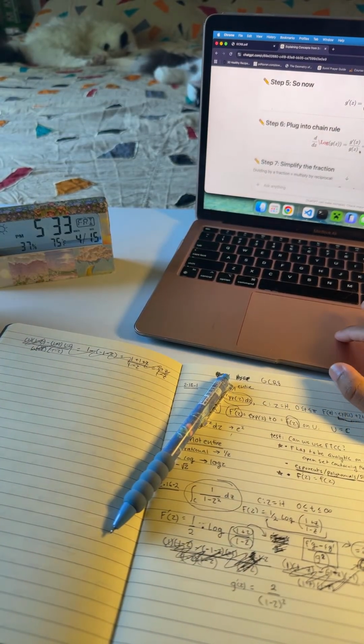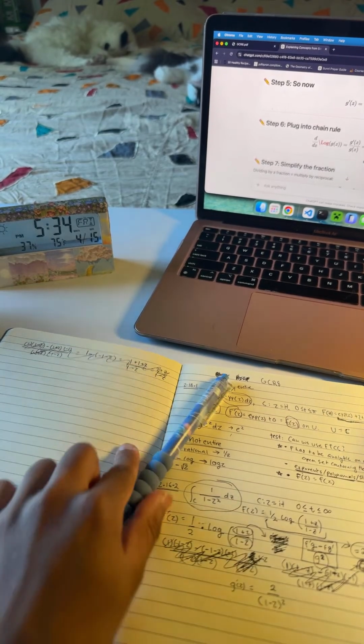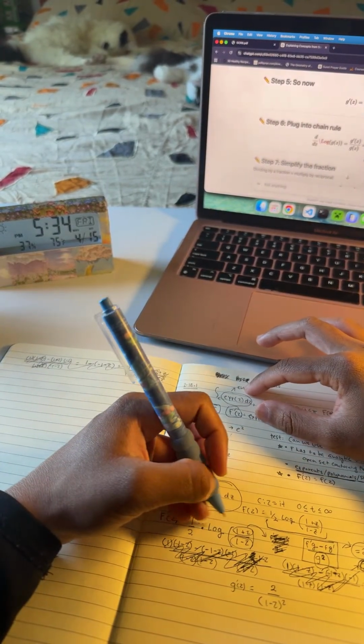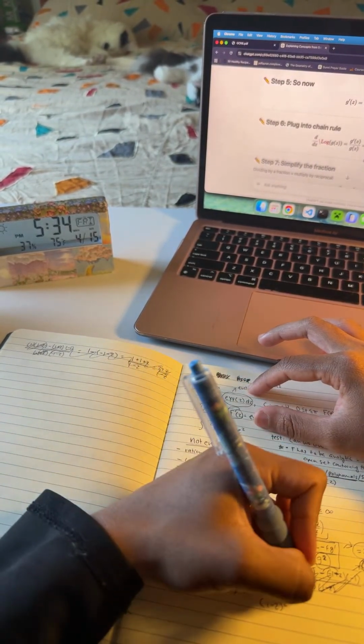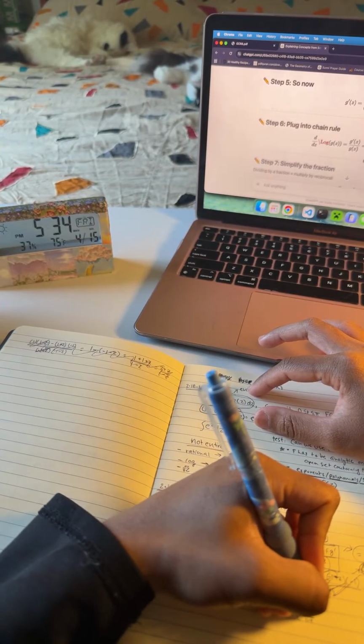G prime z is this times 1 over g z. So the derivative of log of anything is 1 over x. So we have to multiply this by 1 over 1 plus c, 1 minus c.